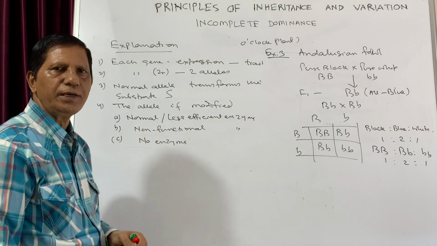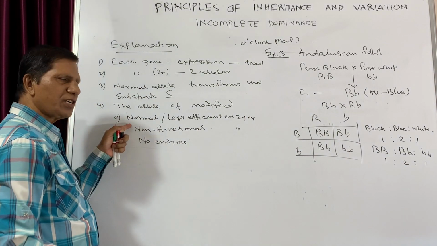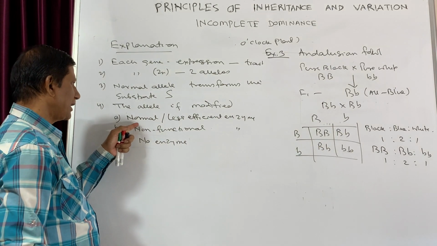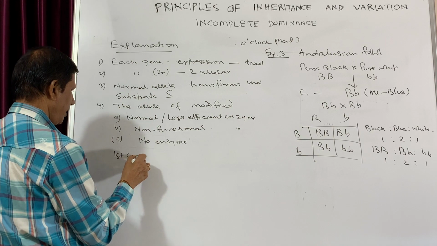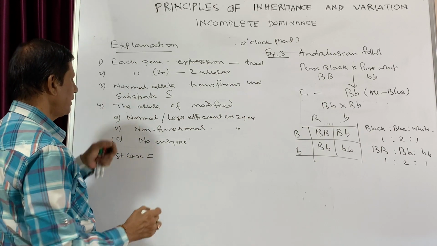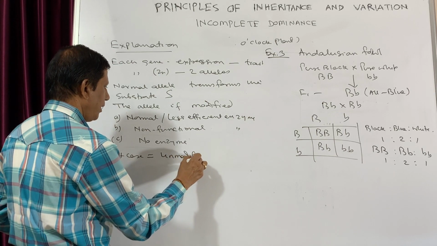These are the probabilities. So if the first case takes place, it is equivalent to that of the unmodified allele.